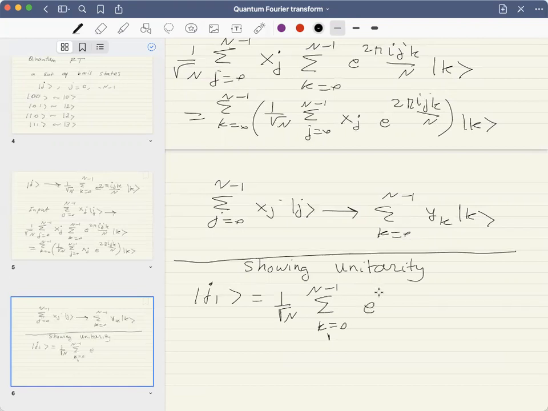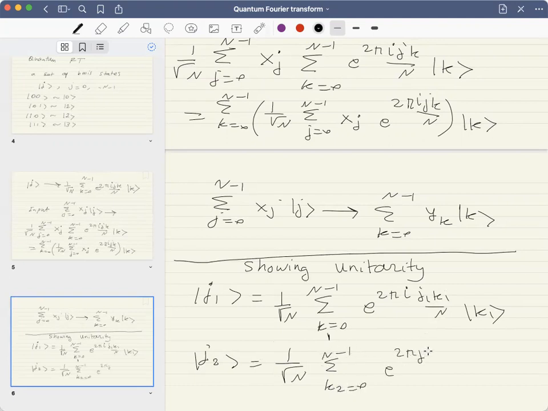And then I will have e to the 2 pi i j1 k1 over n, basis vector k1. And consider j2, sum over k2, e to the 2 pi i j2 k2 over n, k2.